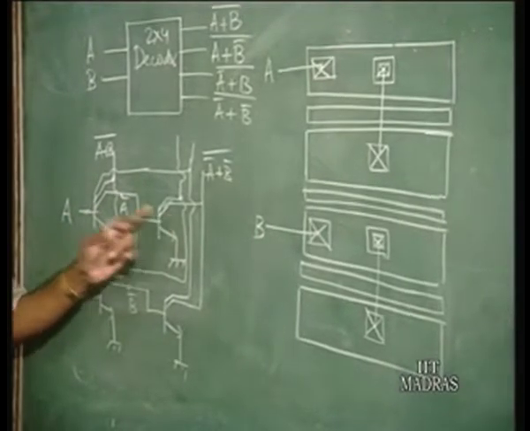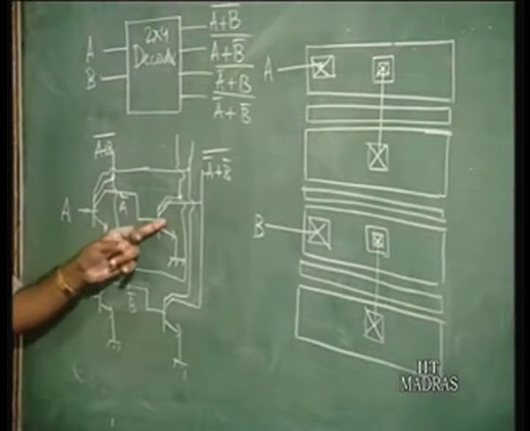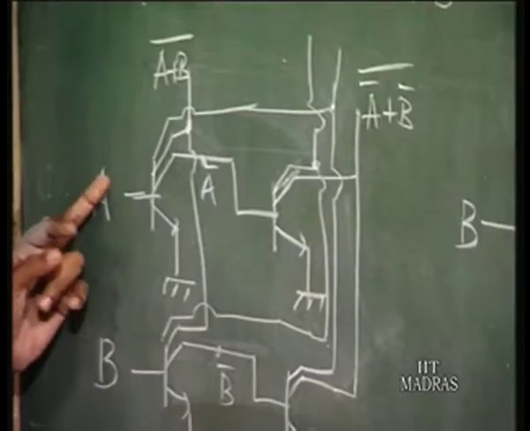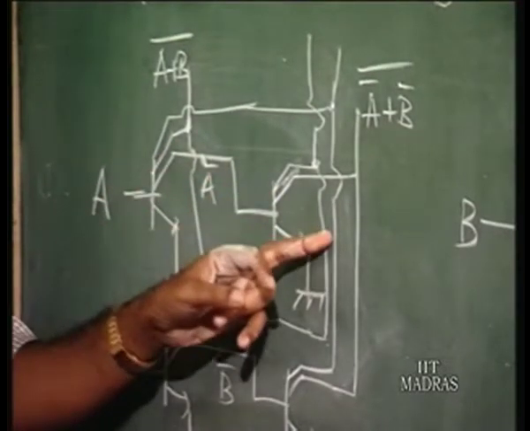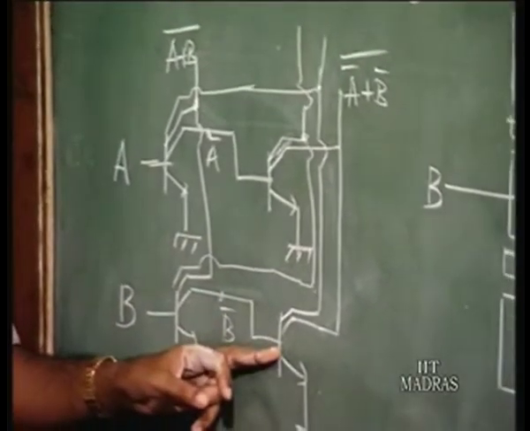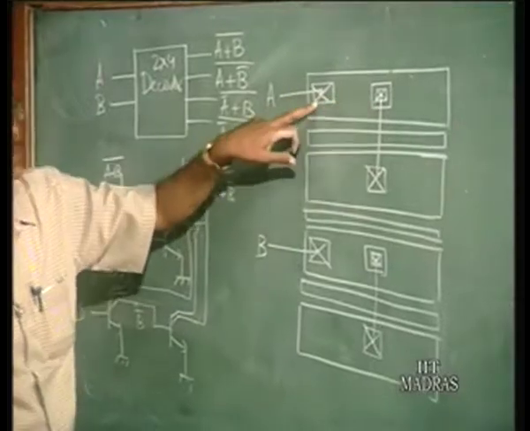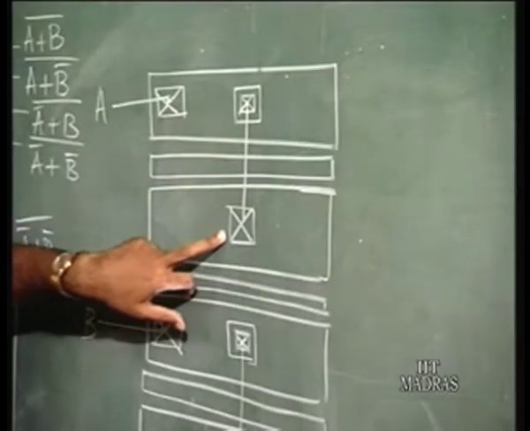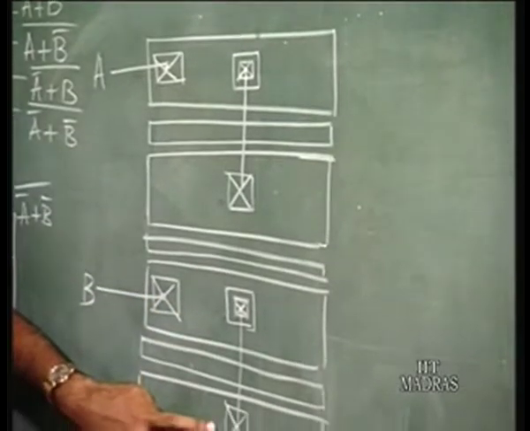So for this transistor, one of the collectors goes as base input here. So this transistor has an input A. So it goes here. This transistor has an input B. One of the collectors goes as base input there. So this transistor has a base input A. One of the collectors goes as base input to this transistor, B.